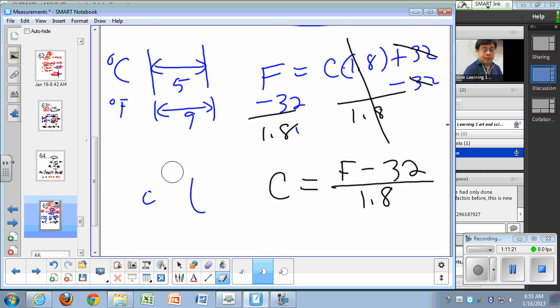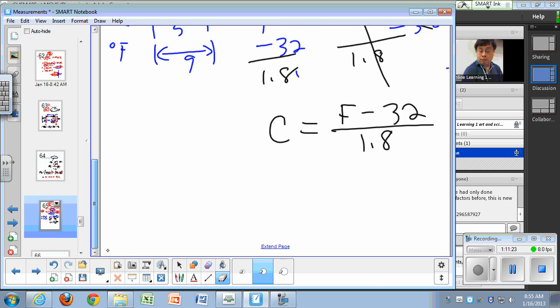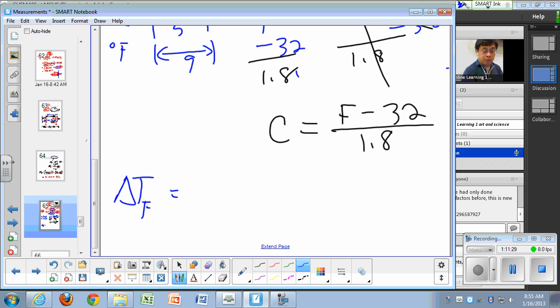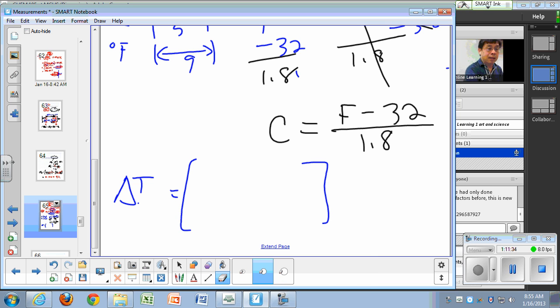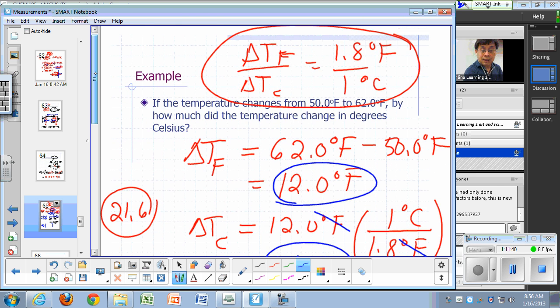So now let's calculate our change in Fahrenheit reading. Delta T on the Celsius scale would be, what's our final Fahrenheit temperature? 62.